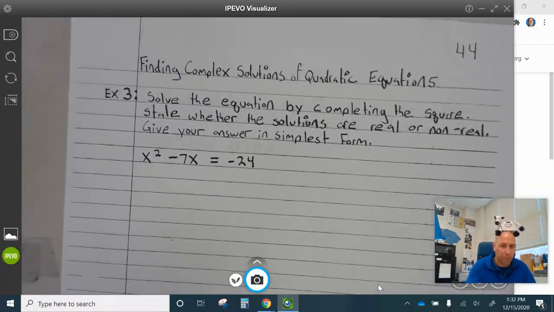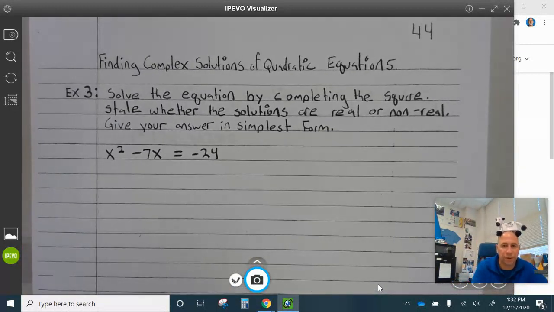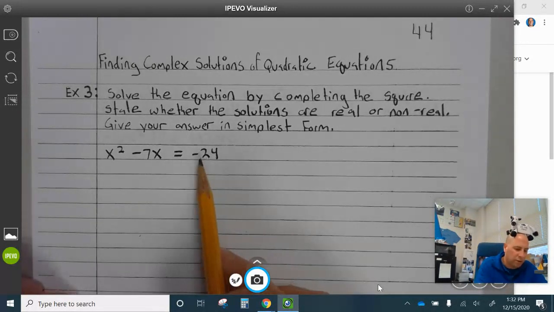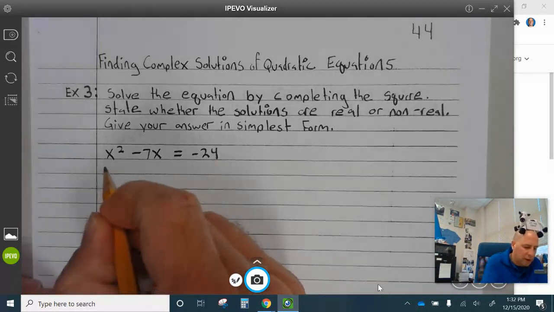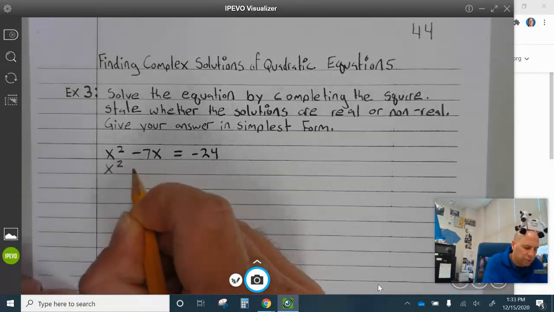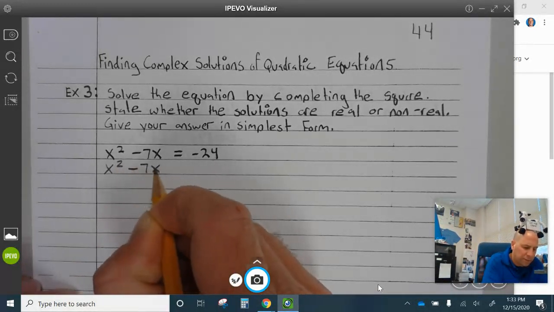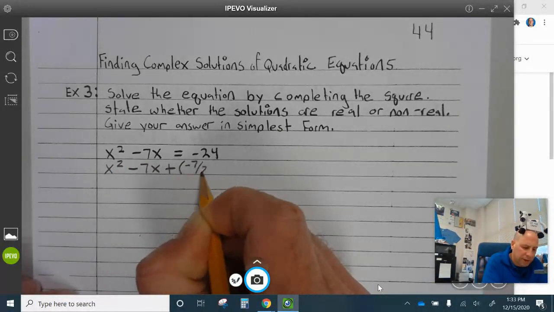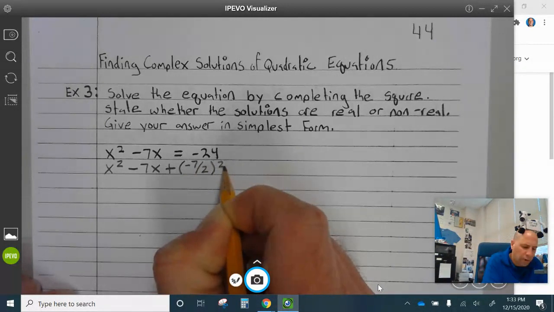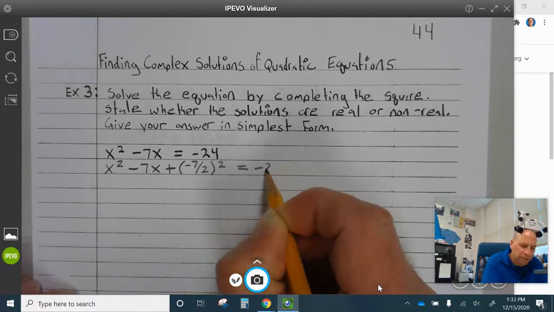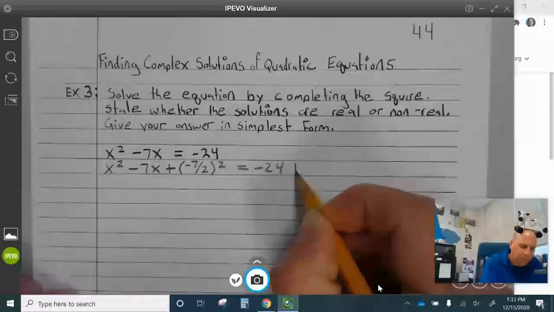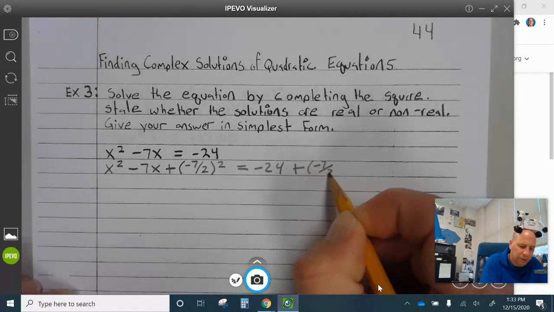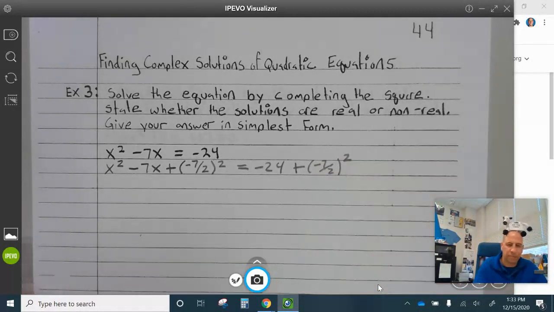All right, example 3. Solve the equation by completing the square. State whether the solutions are real or non-real. Give your answer in simplest form. Now, they've already put the number on the right side, so now we just need to do x squared minus 7x plus negative 7 divided by 2 squared equals negative 24 plus negative 7 divided by 2 squared.